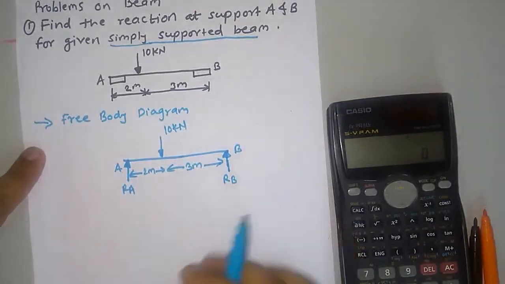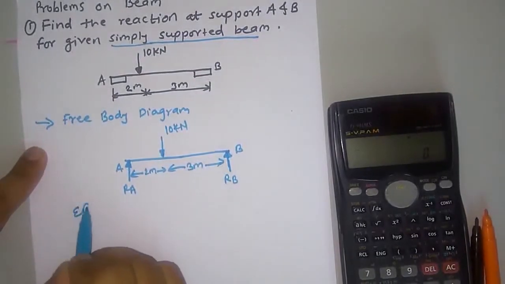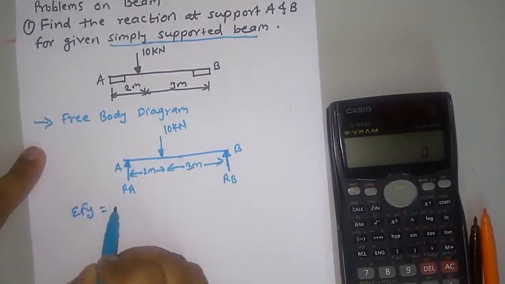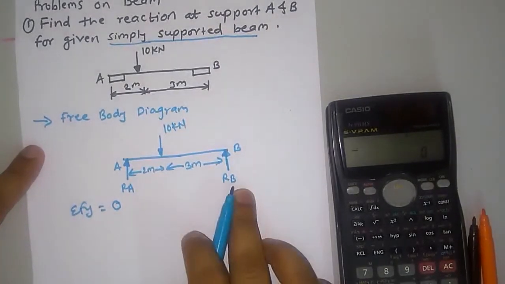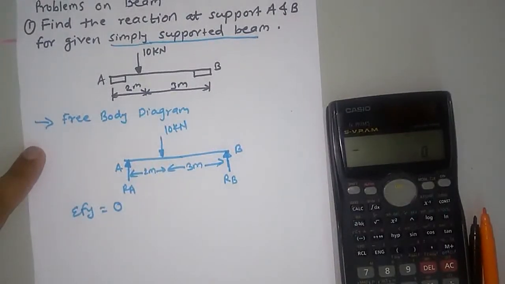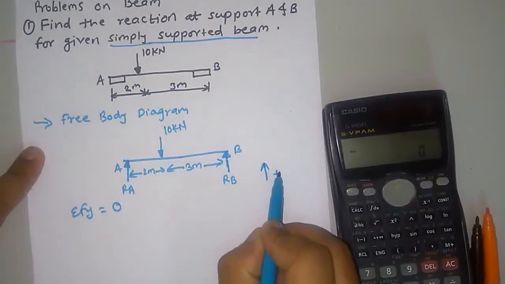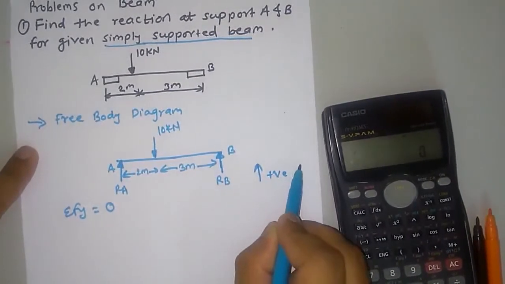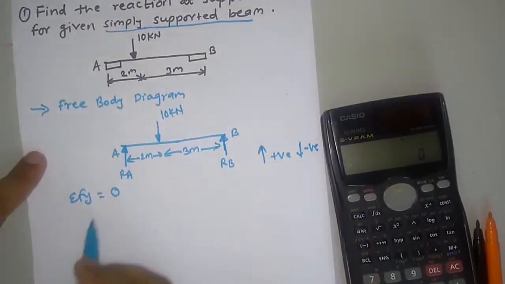If you observe this free body diagram, there are no horizontal forces. So we will consider it is in equilibrium, that is summation of forces in y direction is equal to 0. So what are the forces in y direction? RA, RB and 10 kilonewton. Suppose the direction is upward, we take positive, and if the direction is downward, we take negative.